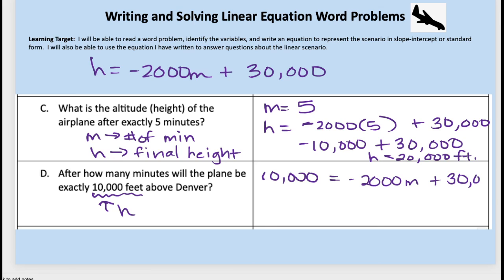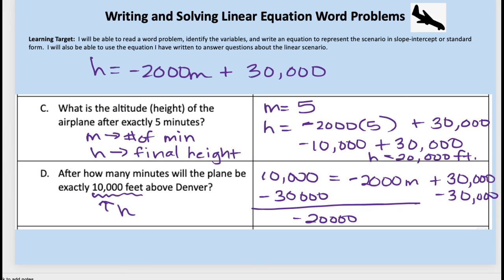And now I'm going to use inverse operations to solve this equation for m. I'm going to start by subtracting 30,000 from both sides. 10,000 minus 30,000 is negative 20,000. So then I have negative 20,000 is equal to negative 2,000 times m. The inverse of multiplying by negative 2,000 is dividing by negative 2,000.